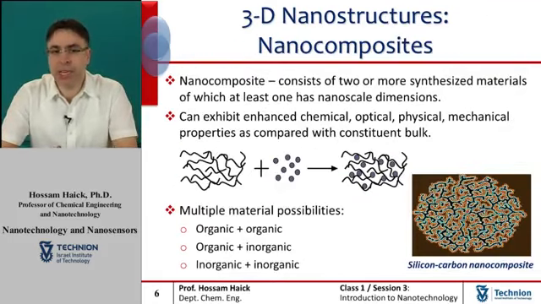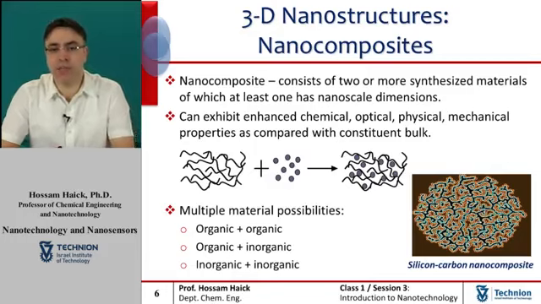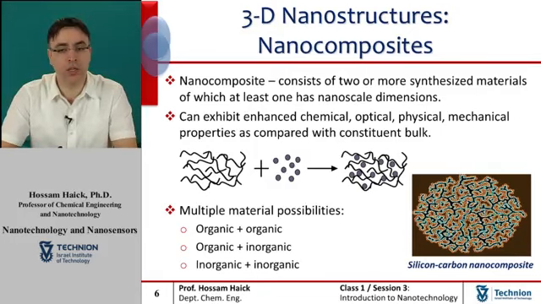Now we will move to the nanocomposites. A nanocomposite is a multi-phase solid material where one of the phases has 1, 2, or 3 dimensions of less than 100 nanometer.